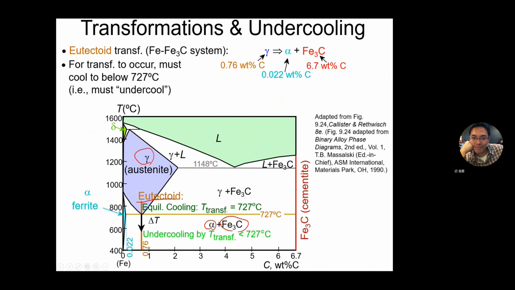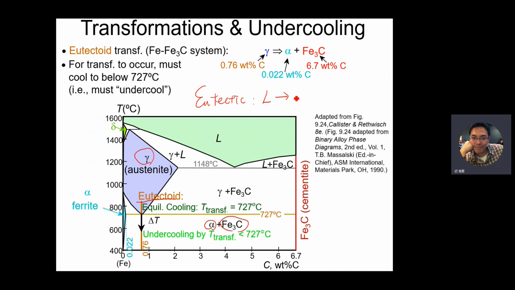Okay, so which composition represents the eutectic reaction? Can you point out from this phase diagram what the composition is? What's the eutectic reaction? From the liquid phase, it transforms into what? Two solid phases, right?